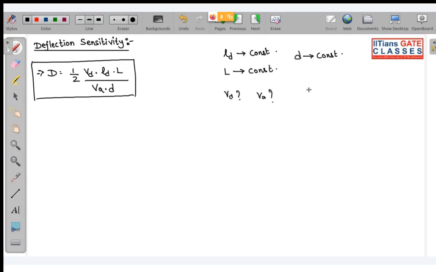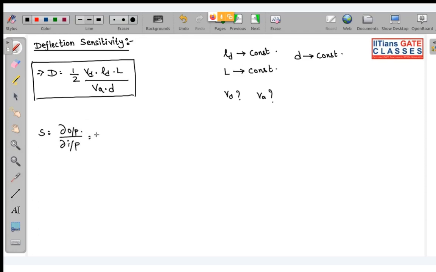Now, what is deflection sensitivity? What is sensitivity? Deflection in mm upon the input. What is the input over here? The voltage that we have given. Yes, very good. So sensitivity is the change in output by the change in input.